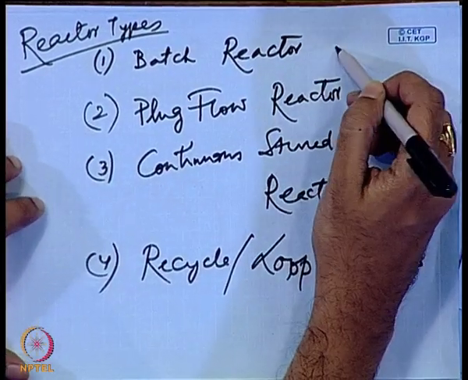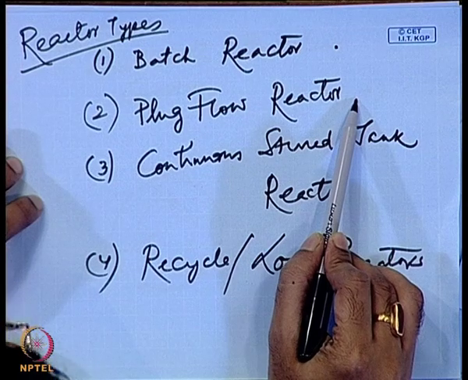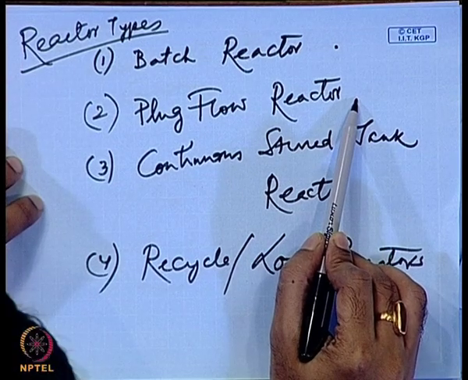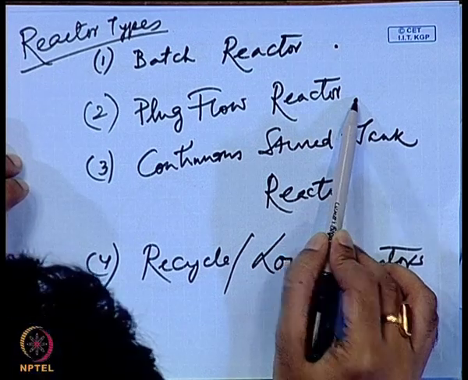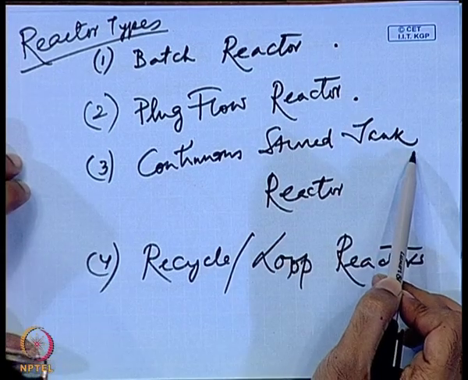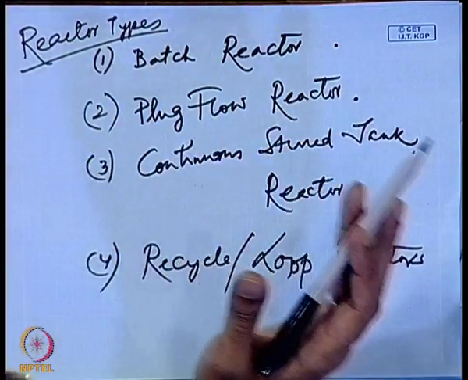As I said, this is the earliest reactor at the dawn of human civilization. The plug flow reactor was around 1900, a little before that also, maybe 1800 and so on, before the start of the industrial age. And the continuous stirred tank reactor was a huge breakthrough because most of the industries shifted to it because of its advantages. It was smaller, easy to handle, easy to control, easy to manipulate, and still you have a continuous product and a supply of products.